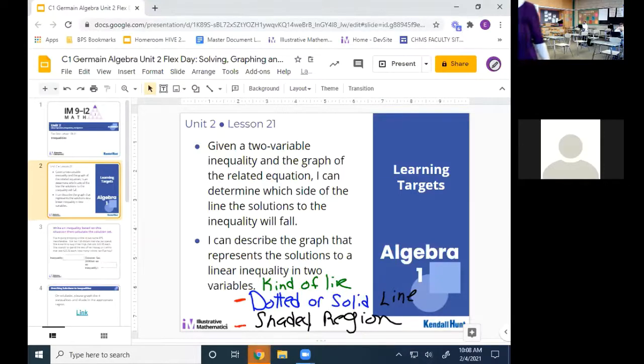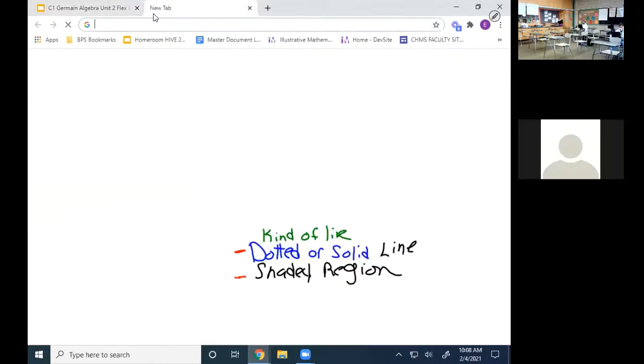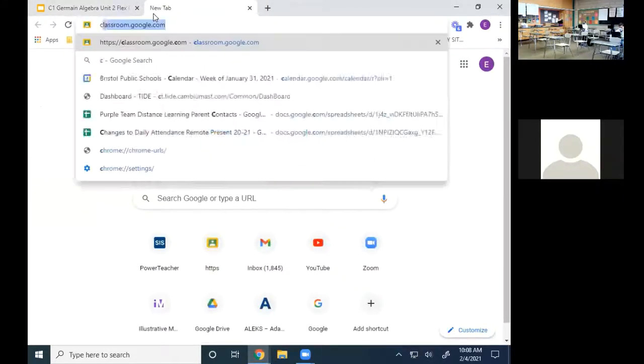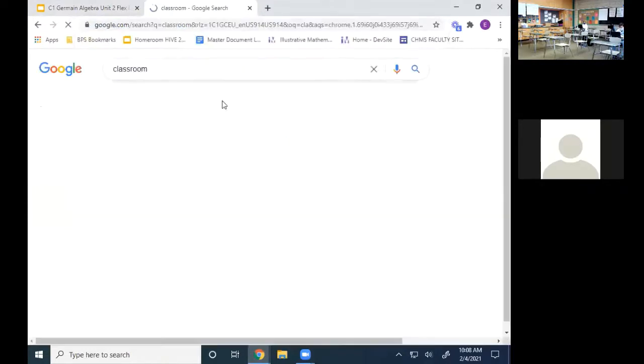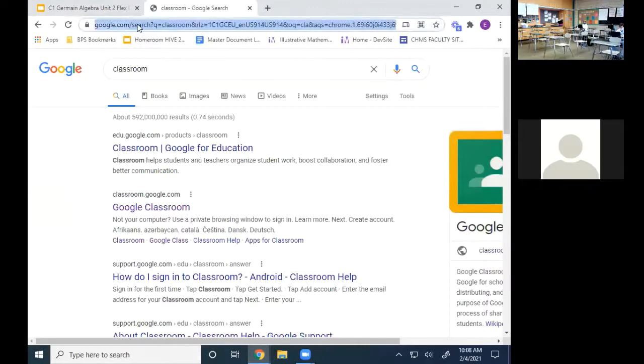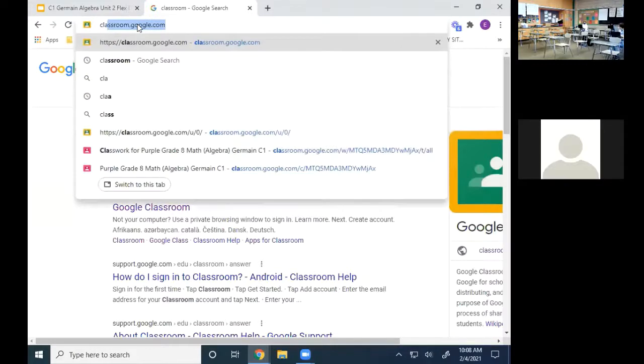If we look back at what we did yesterday, I actually want to pull it up for a second. We moved some pieces of the graph to shade a specific portion of the region.